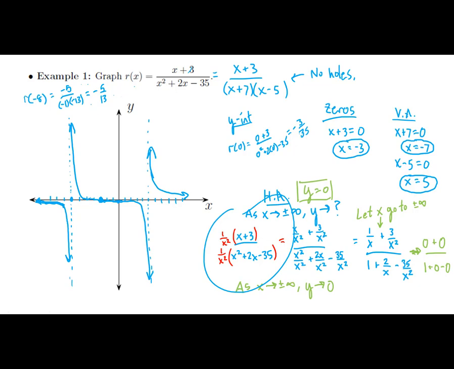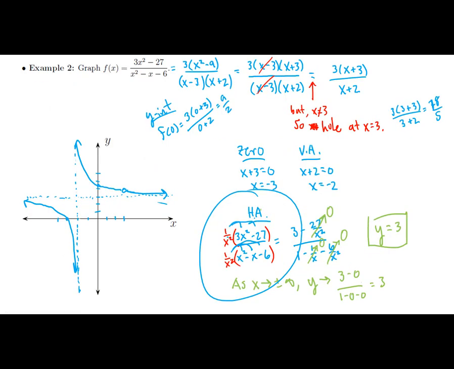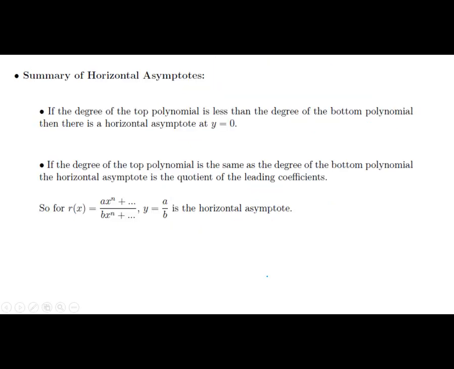But in example 2, the terms had the same degree. And so basically one of the terms survived up here, and both this one and this coefficient survived. So we can put all this together into some rules. First of all, if the degree of the top polynomial is less than the degree of the bottom polynomial, then the horizontal asymptote will always be y equals 0.